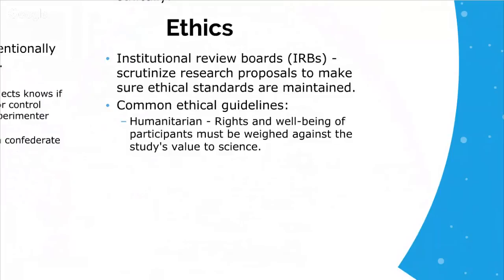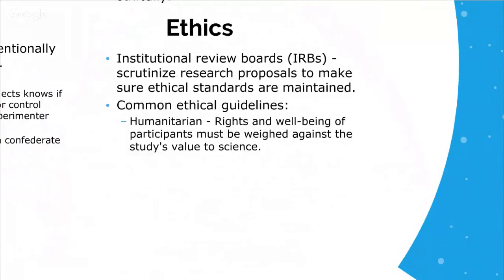And that's one of the primary factors in determining whether the data continues on in the process of getting published. So if they immediately determine that your experiment is unethical, it doesn't matter how accurate your data is, they won't publish it. You must be ethical and meet the ethical standards when conducting these experiments.